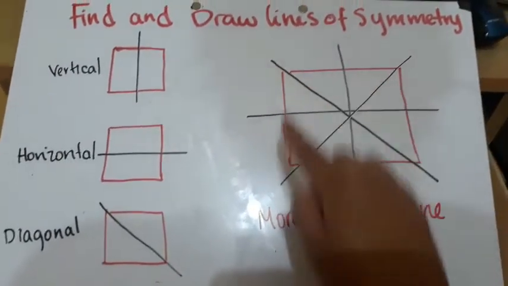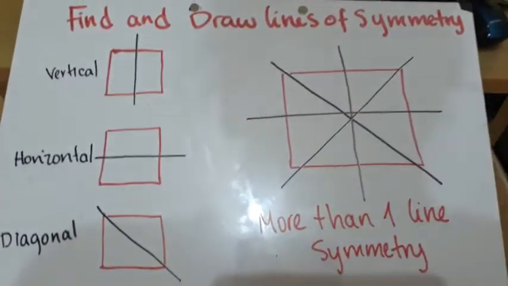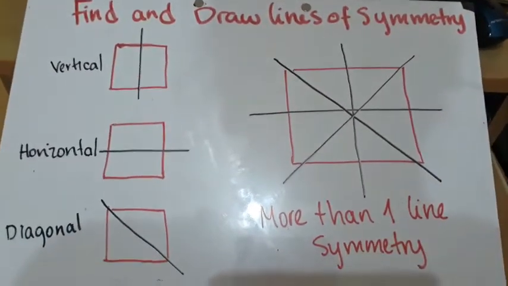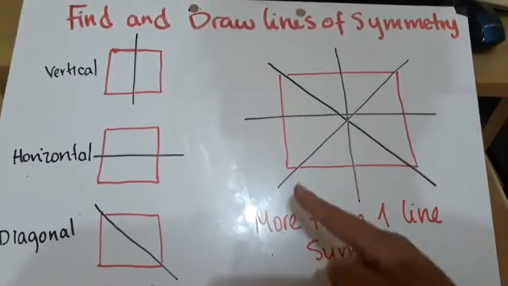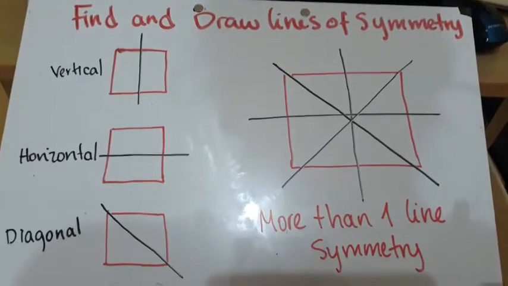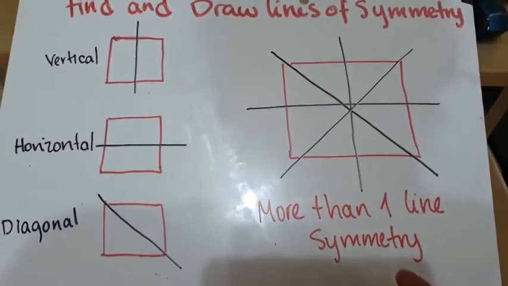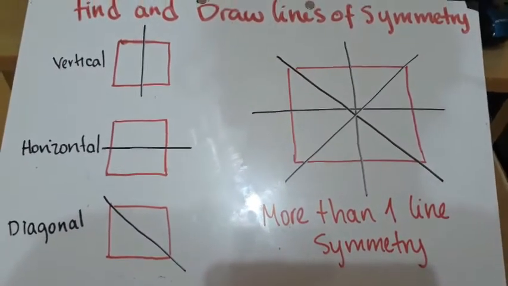For example, this square has a vertical, horizontal, and two diagonal symmetry lines. So we are going to learn how to find these lines in a simple geometric figure.